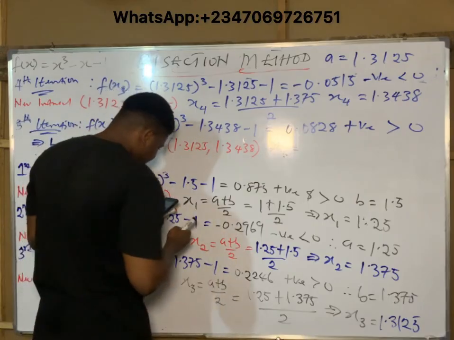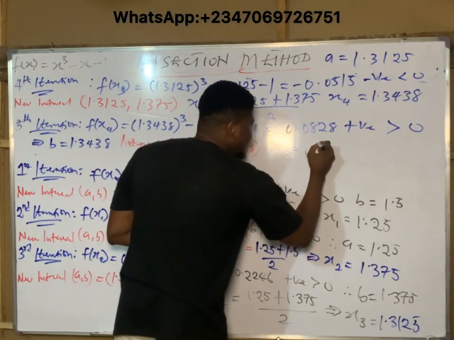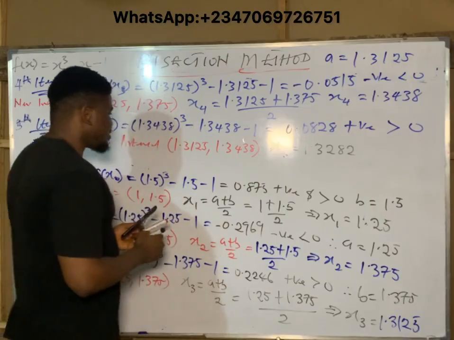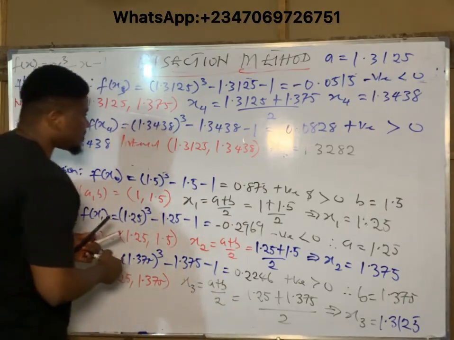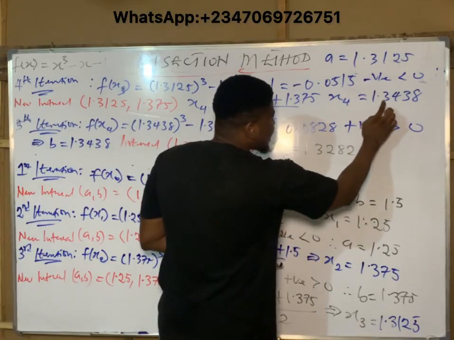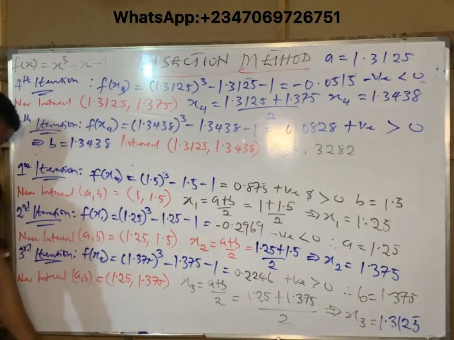That gives us 1.3282 approximately. So x5 is 1.3282 approximately. If we've gotten x5, we compare. So this is 1.32. Meanwhile, previously we had 1.34. So it means it has not converged yet, correct to 2 decimal places.